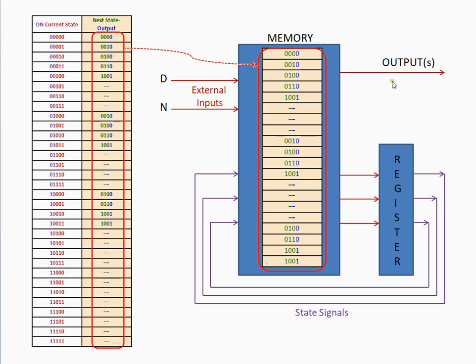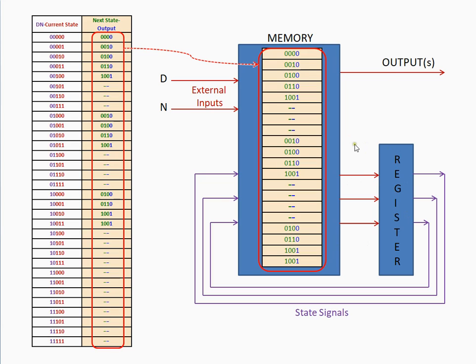In this case, we only have one, but you can have more than one. So this is the system, the overall system, and it indicates how you can specify a sequential design using a memory with code that you write into this, hence the term microprogramming, a register, and the external inputs and the outputs.